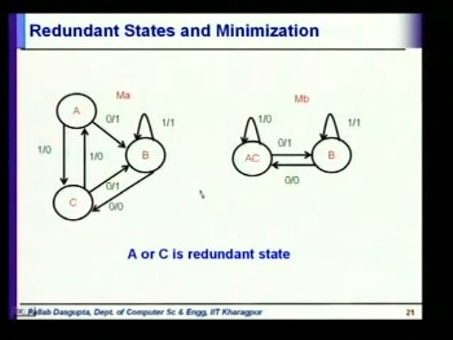So, let us look at an example first. Let us see here in this state machine, A or C is a redundant state. Now, why do we say that it is a redundant state? See, when you are in A, if you receive an input 0, okay, you go to B with an output of 1.